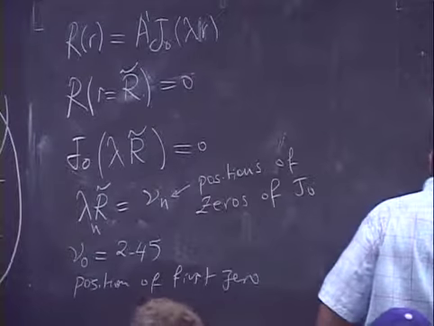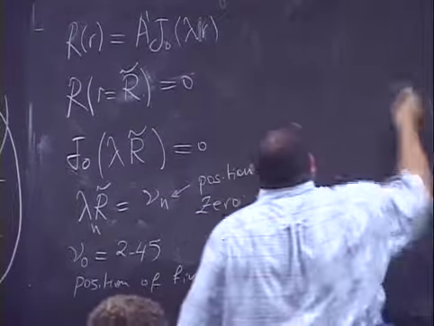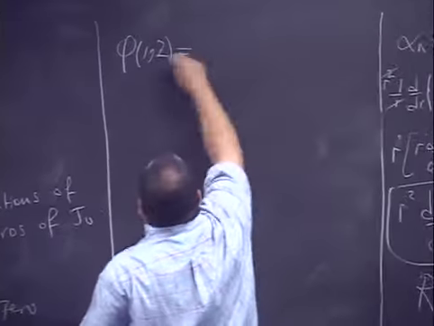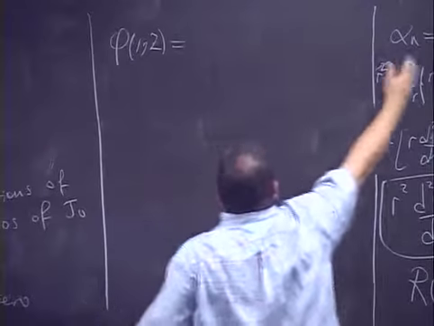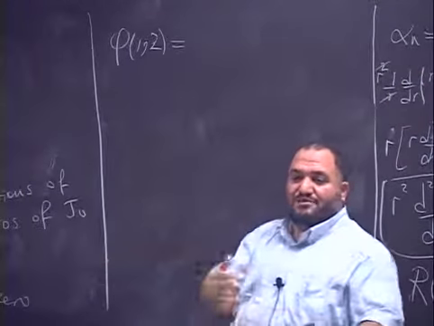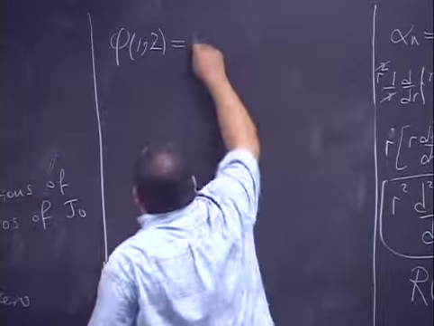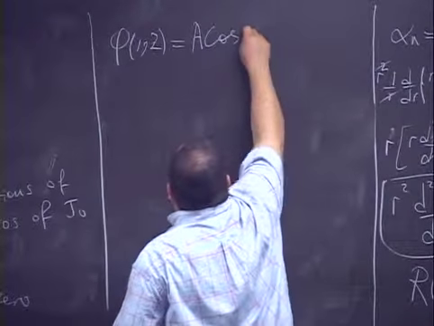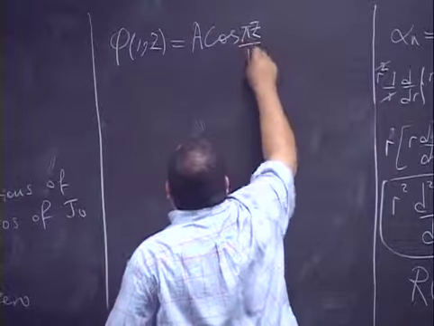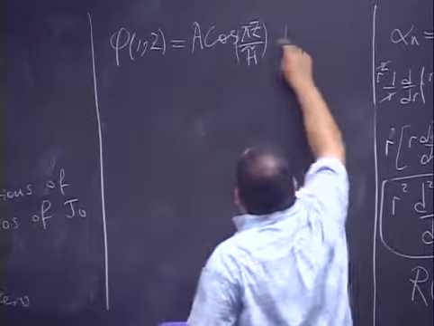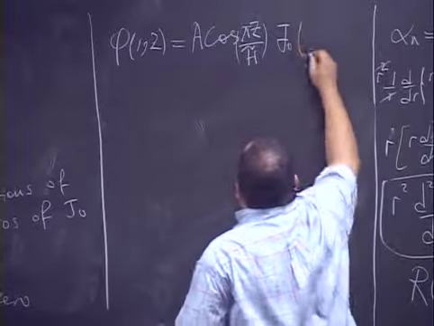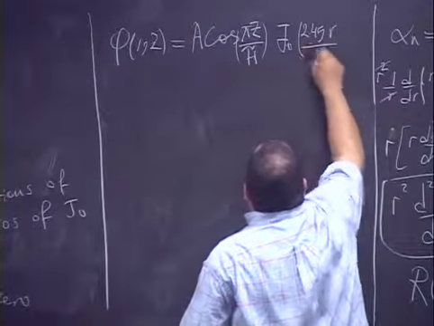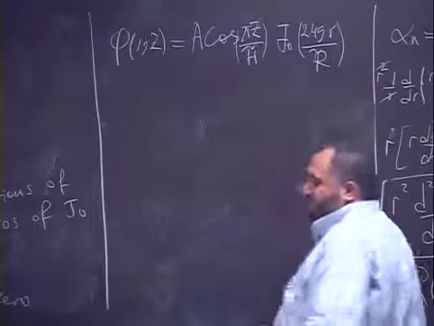We will multiply the function R by the function Z, and the flux of r and z is a summation over all n, but again, all n will decay except the first harmonic, so it will be some constant A multiplied by cosine of pi z over H tilde multiplied by J naught of 2.45 r divided by R tilde. So this is the flux now.